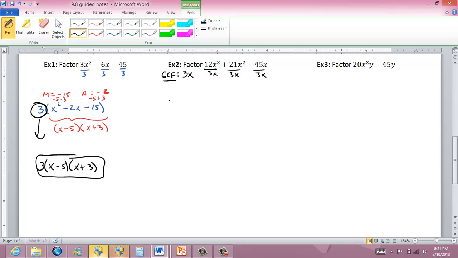Now, once I factor out that greatest common factor, I end up with 4x squared plus 7x minus 15. Now, I have to look, is this factorable? And if so, what method would I use?